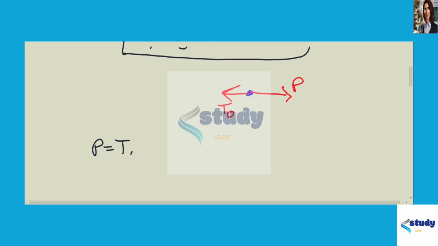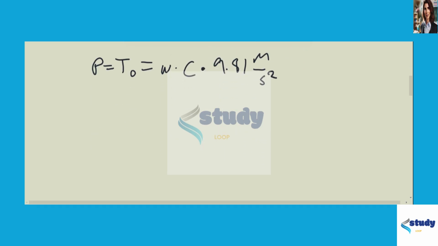P is equal to the horizontal tension, which we know is equal to our mass per unit length times C. But we want P to be in newtons. So what we need to do is multiply it times the gravitational acceleration of Earth, which is 9.81 meters per second squared.